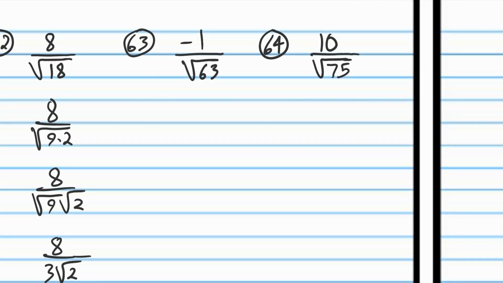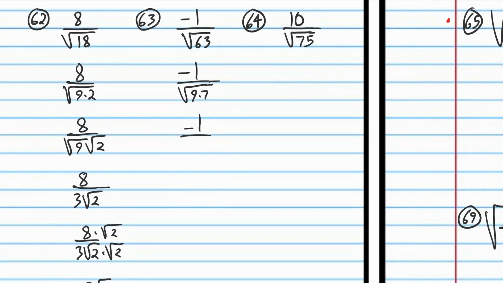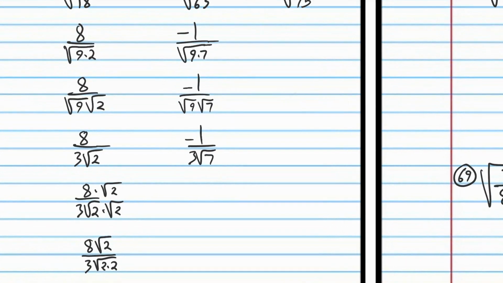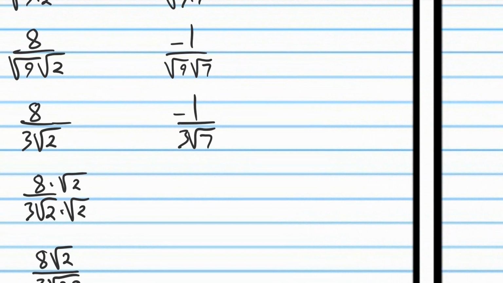All right, we're back. So we pulled out the perfect square. Now we just have to rationalize the denominator.